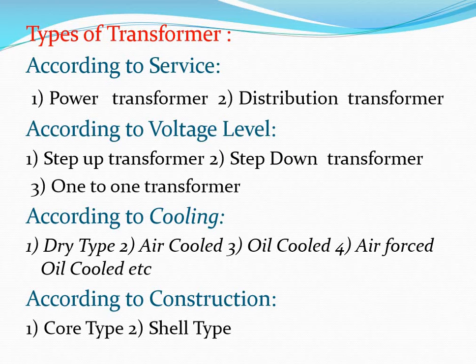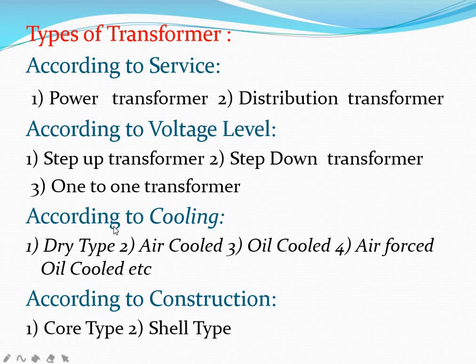There are various types of transformer according to various references. The transformer can be classified on the basis of service, voltage level, cooling, construction, etc. According to the service offered, they are classified as power transformer and distribution transformer. According to voltage level, they can be classified as step up transformer, step down transformer or one-to-one transformer.